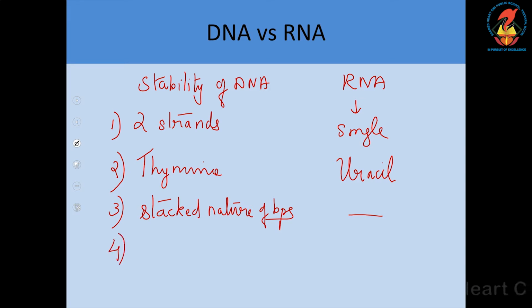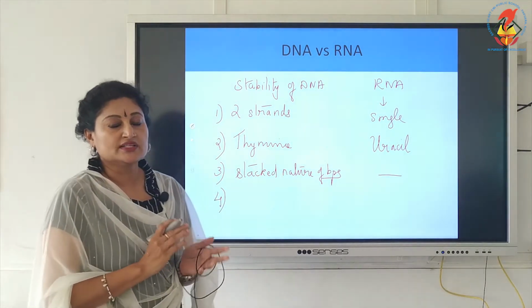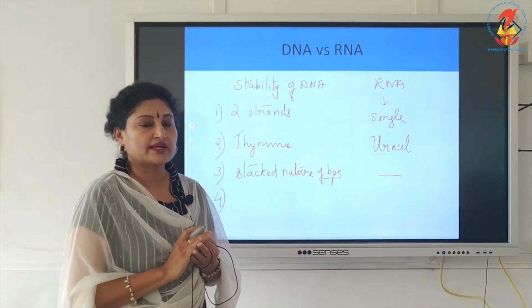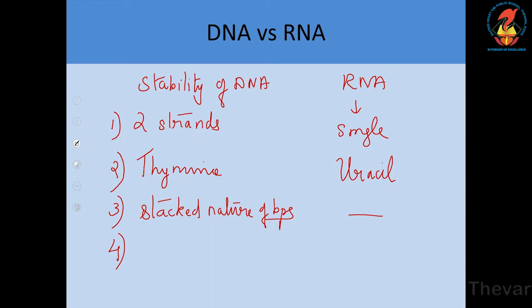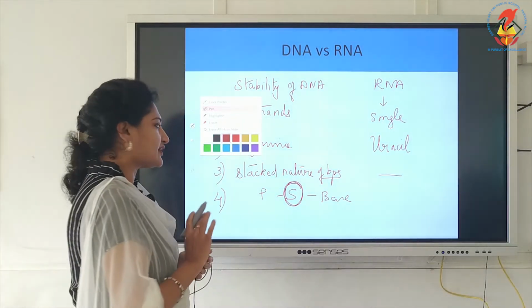And fourth is with respect to the chemical structure. We know in both DNA and RNA the nucleotide comprises three components. The three components are base, sugar, phosphate. Now we will be analyzing the sugar of DNA and the sugar of RNA. The sugar of DNA is called deoxyribose sugar and the sugar of RNA is called just ribose sugar.